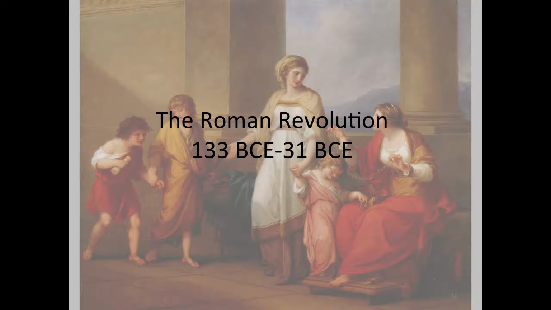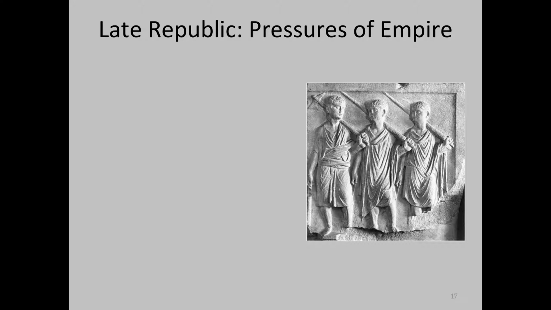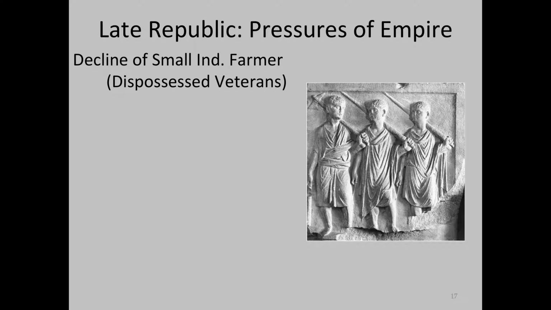So we're going to look at the stresses which the new empire places on Rome. Basically, by the end of the Punic Wars, Rome is now the leading world power in the ancient world.